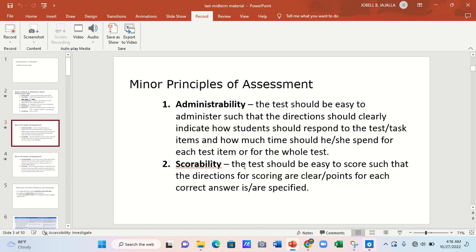So that is scorability. I noticed that when I ask students to make a test questionnaire, this is one of the many things that they forget.